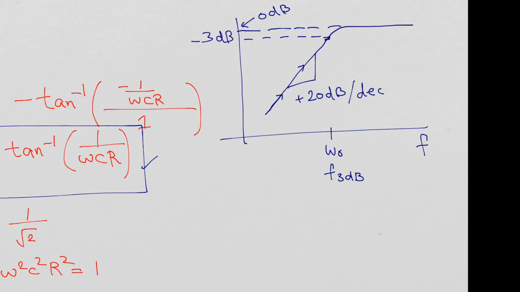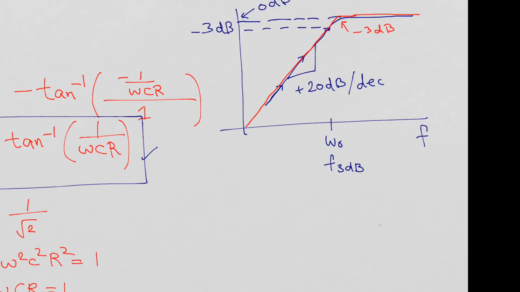So this is how the magnitude plot of a high-pass filter will look. As an approximation, at the 3 dB frequency you start making the transition to 20 dB per decade, but actually here it is minus 3 dB.